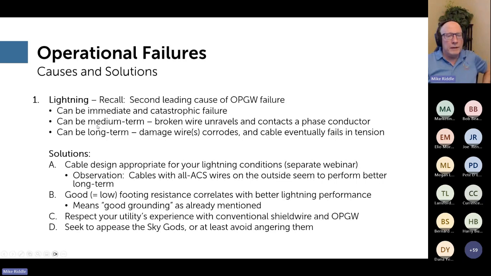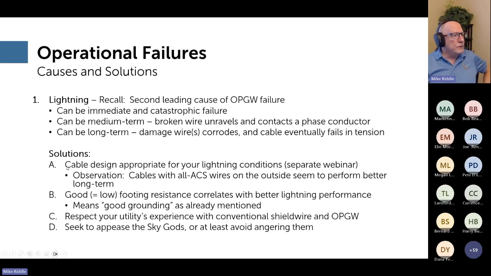It could be medium term, so you could burn through just a couple wires, but over time they unravel and eventually contact a phase conductor. Or it could be long term, so the aluminum clad steel gets burned off and the damaged wires corrode, and then the cable fails in tension later. I've seen all of these over the course of my career.